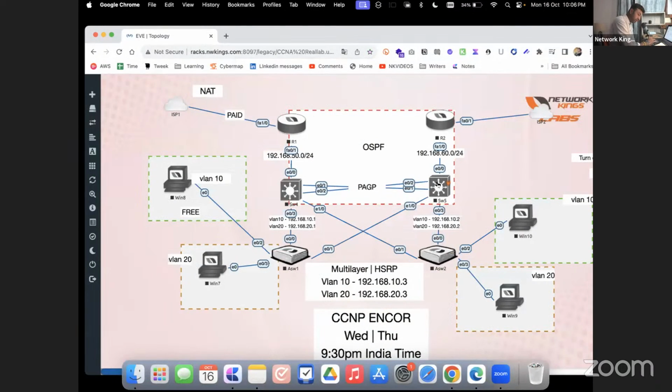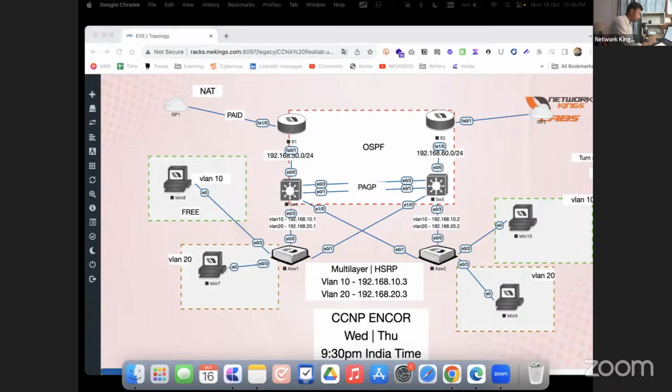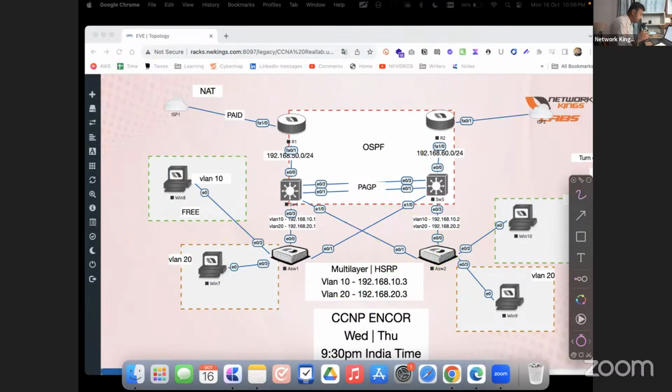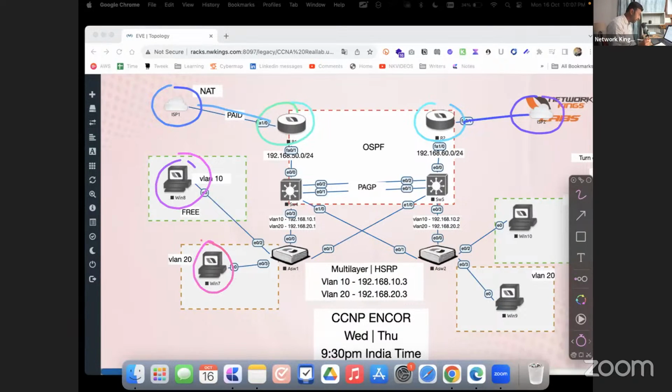You can see we have the same design. Can you see it? This batch is going to help you understand these things. You can see we have one router here, connected to ISP1 and ISP2. We have some computers here where we are going to understand VLANs and all.